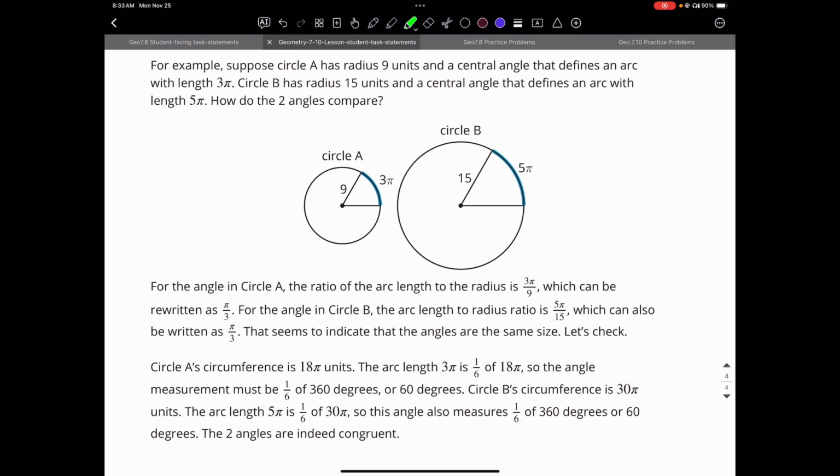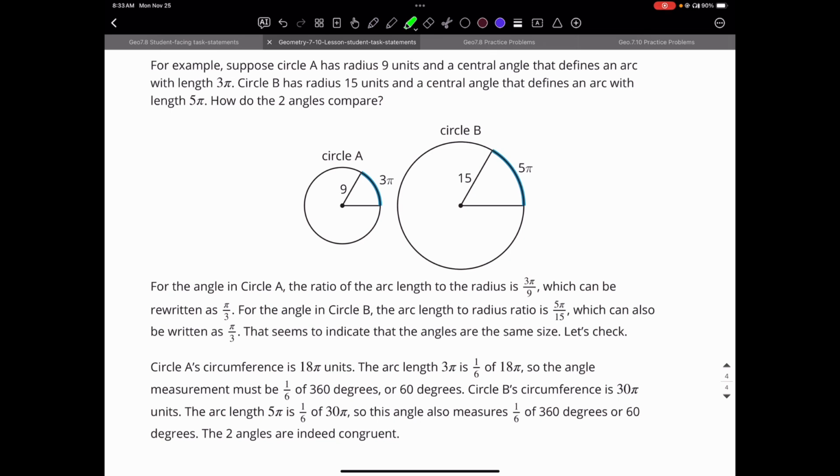Since those arc lengths and radii are proportionate, then those angles have to be congruent. Think of it like triangles, right? When you have triangles that have corresponding sides that are proportionate, then that means you have angles that are congruent and they are similar.